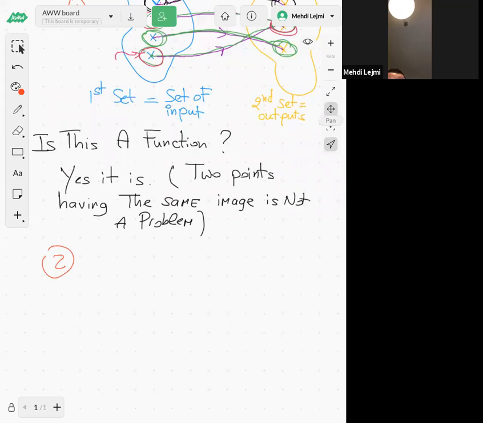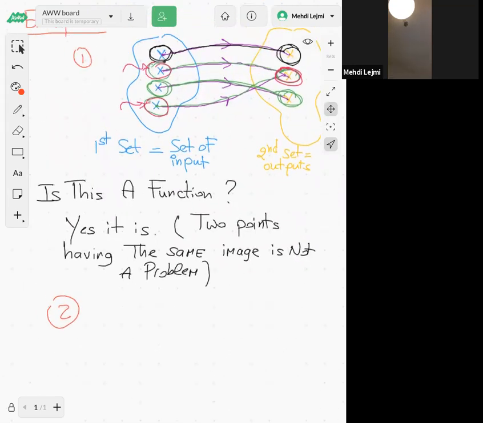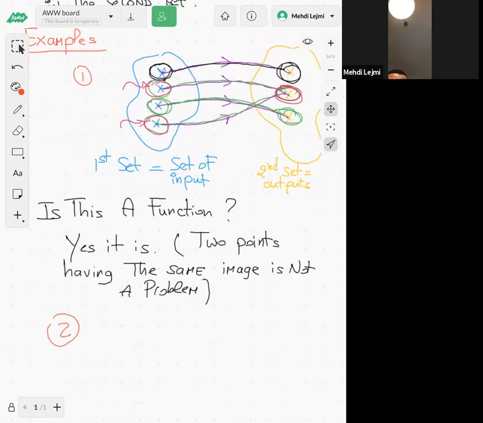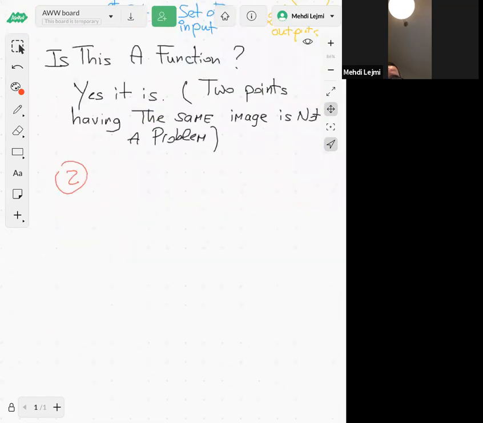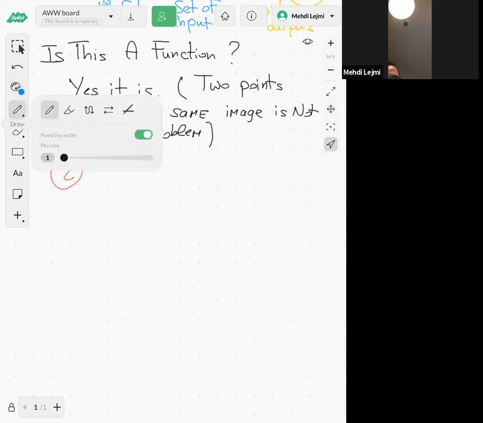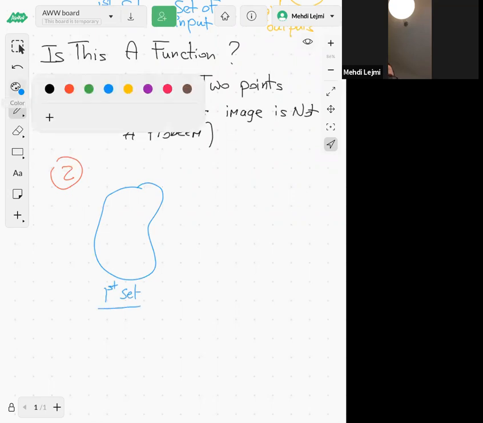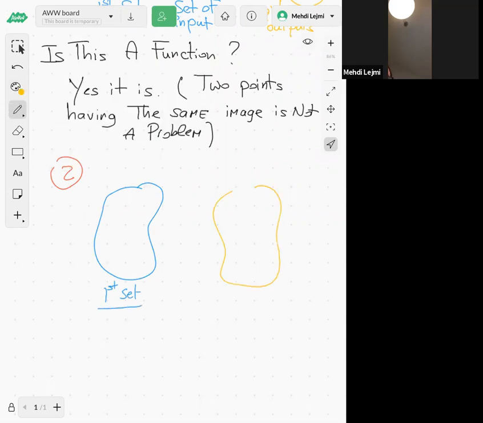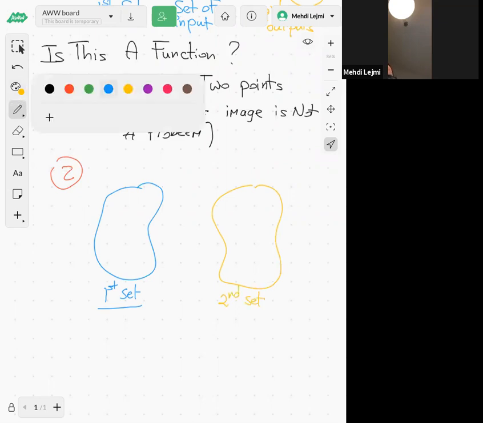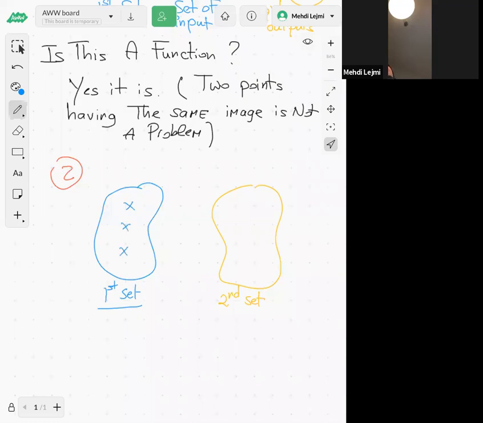Again, guys, please, if you are confused, if you have a question, please let me know. All right. Okay, so second example, I'm going to have the same set. So here's my first set of inputs, and then we have the second set here, the set of outputs. Again we have, let's say, 3 points here, and 3 points here.